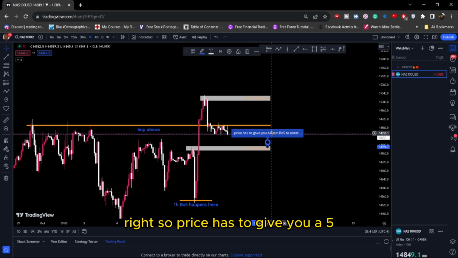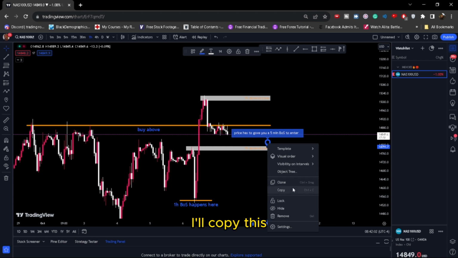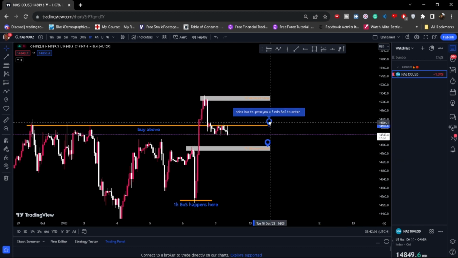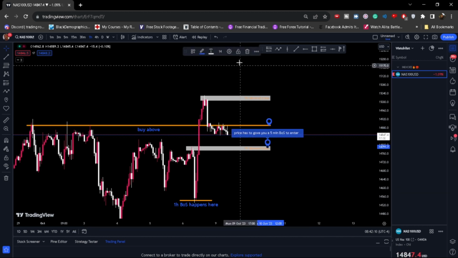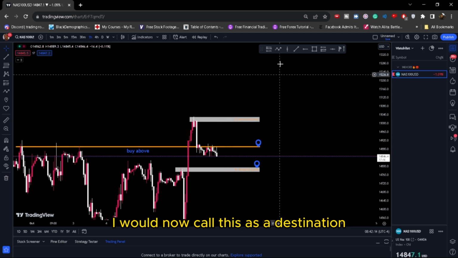Same thing here, I would clone this and put it right here too. Price has to give you a break of structure to enter your trades. And then I would call this area the destination.